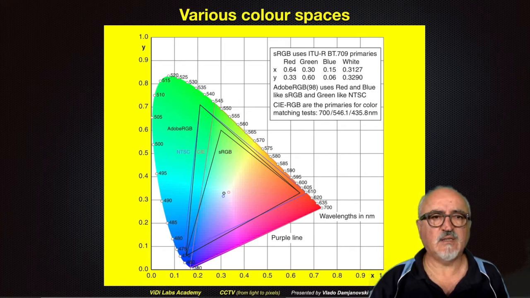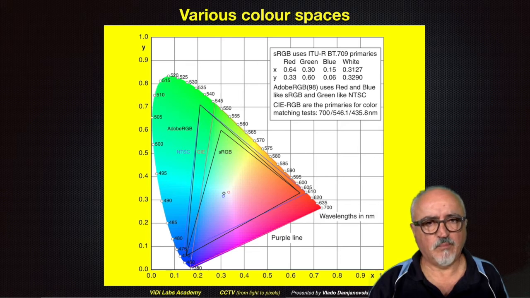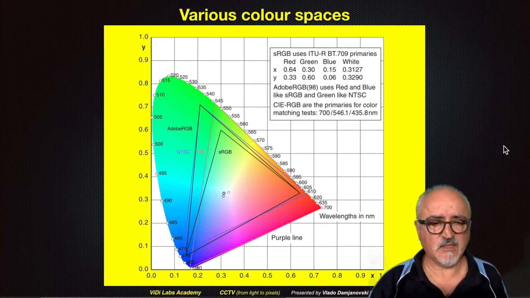Now, the idea in this is that any 2 points of colors in this chromaticity diagram can be reproduced by putting a line between the 2 wavelengths, and anything in between can be formed by mixing these 2 colors.